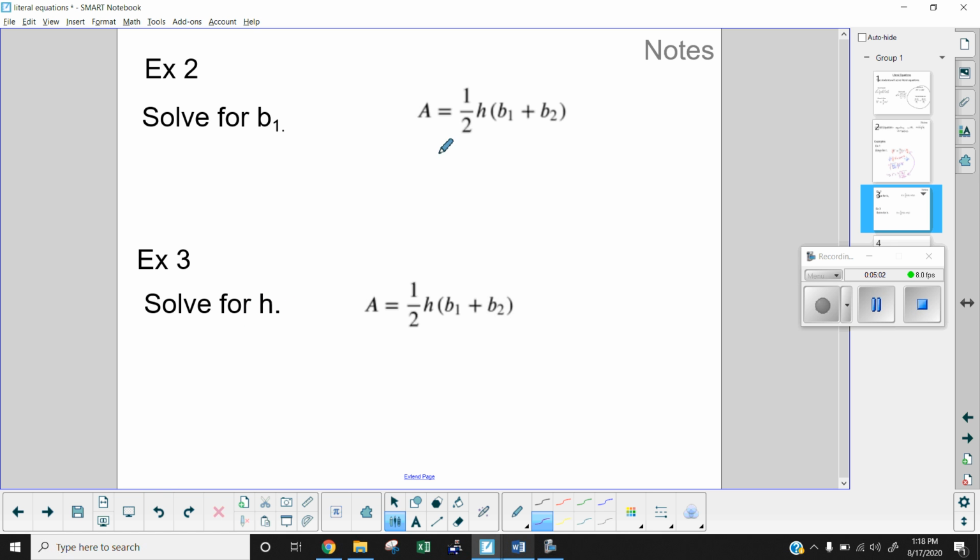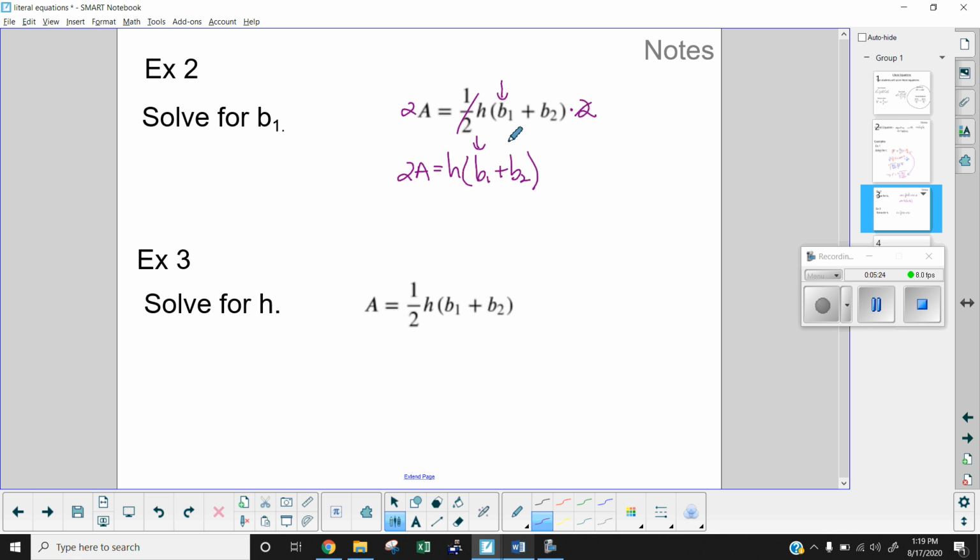If I'm trying to get base 1 alone, I'm going to need to get rid of the half, the h, and the b2. I'm going to attack getting rid of the half first by multiplying by 2, and that's better than dividing by half. That gives me 2a is equal to h times the quantity b1 plus b2.